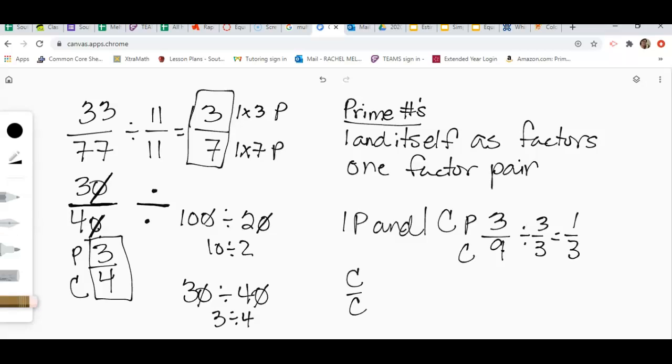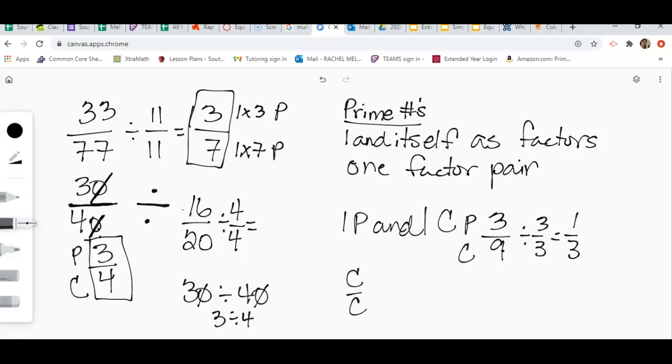All right, let me get a little bit of room here and we'll do one last one together. So this time we're going to do 16/20. Well, right off the top of my head, I say to myself, I know that 16 and 20 can both be divided by 4 because I know my 4 times tables. So I'm going to try and see what happens.